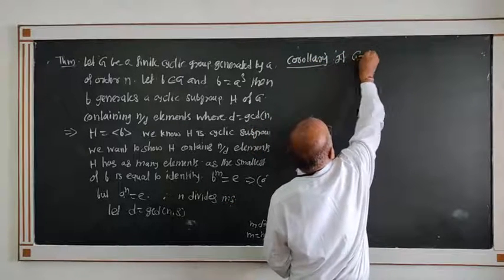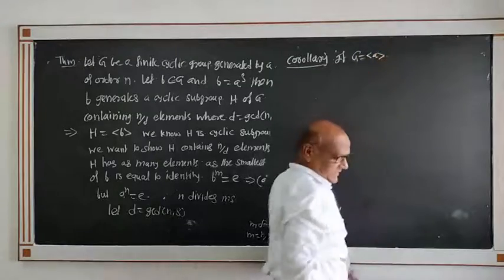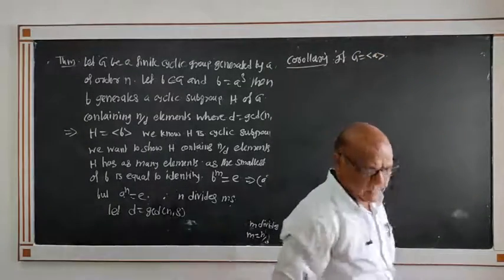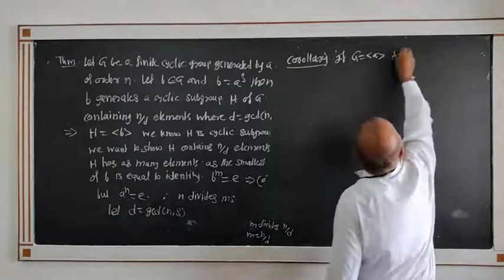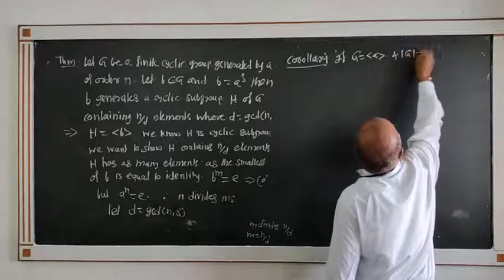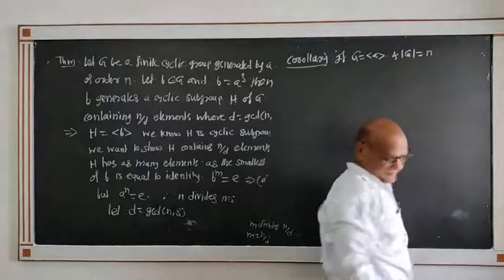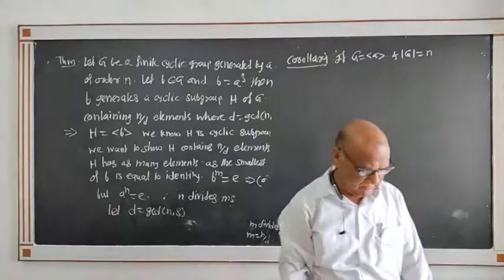G is a cyclic group generated by A, and the order of G is equal to n.